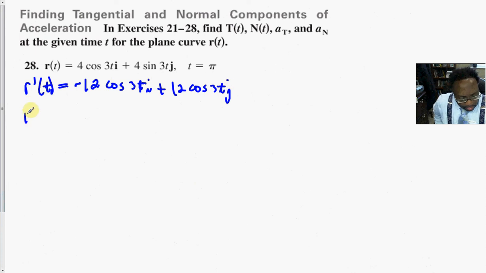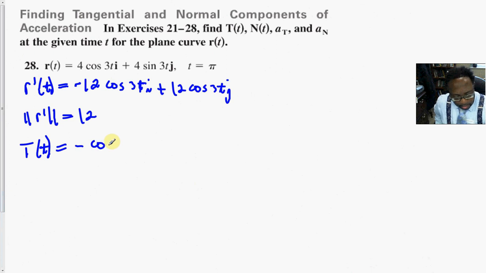We find its norm, it's just 12. And so T of t is equal to r prime divided by 12, so that's just negative cosine 3t i.